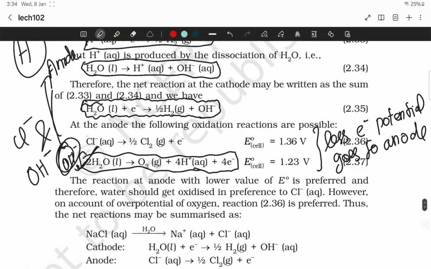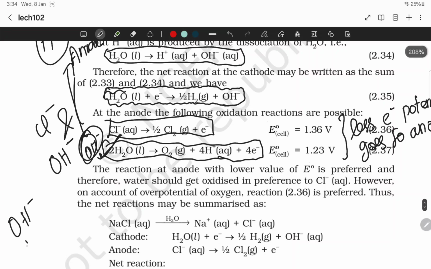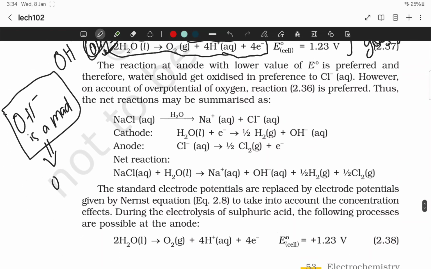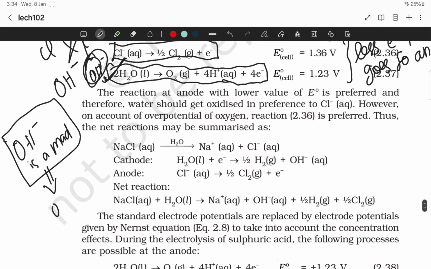Instead of OH-, Cl- is going to the anode. The reason for that is, OH- is a drug addict, for fun I'm telling, OH- is mad. What OH- is going to do is, in this reaction OH- has what? Overpotential. Oxygen has overpotential, and hence this has overpotential.